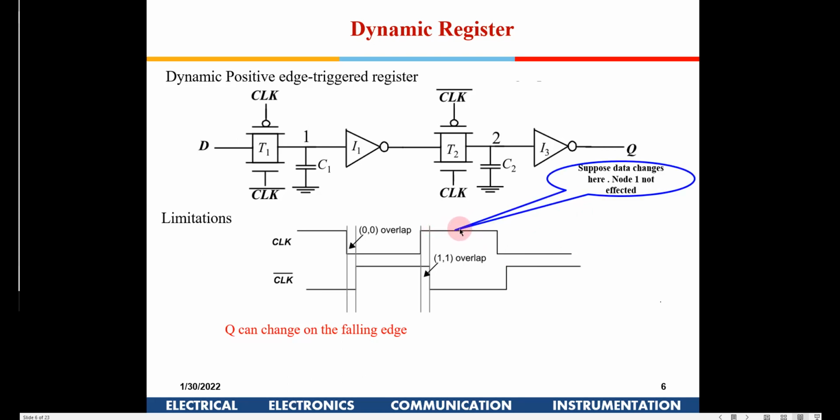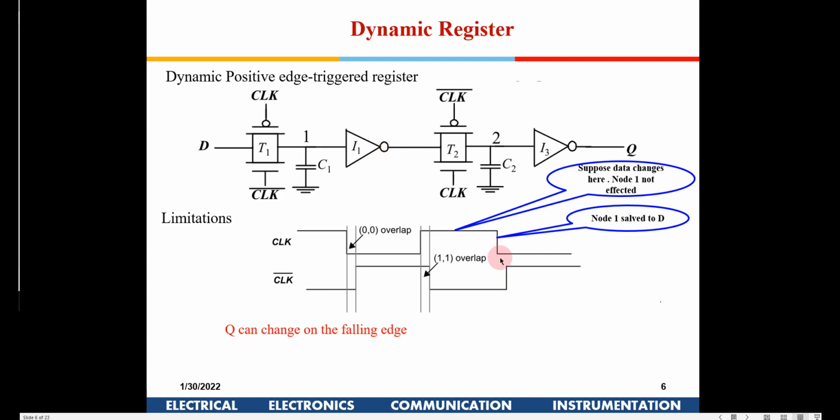Suppose when the clock is high, the data is changing. Normally if the data is changing, it is blocked by this pass transistor, and only when the clock is going high will this be transparent, and then it will be sampled. But in this case, suppose the data is changing here and the clock is going low here. Now when the clock is going low, this data will come here, till here.